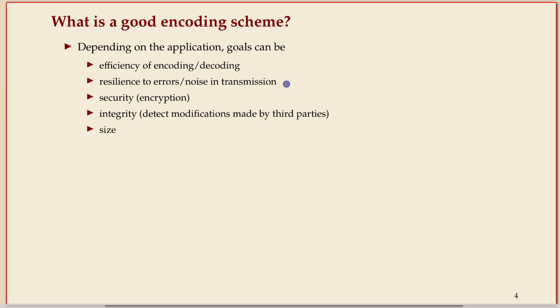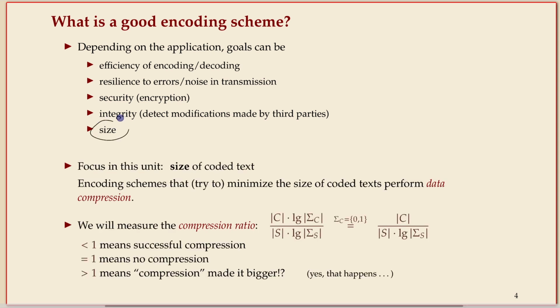What we'll talk about in Unit 8 a bit is what if you want to tolerate some noise in the coded text and still recover what you put in. What we'll focus on here mostly is the size. So we only care about how many bits we need. That's what people usually mean when they say compression.